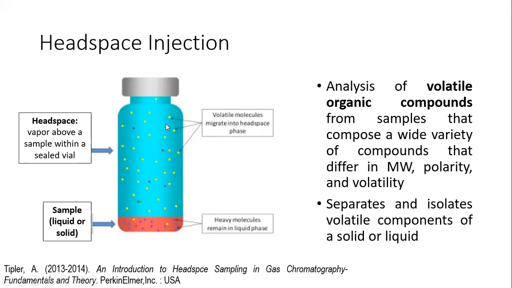There will be an equilibrium between your sample and the vapor phase. The syringe would puncture through the septum of your vial and would obtain the sample from the vapor phase, not really from the liquid phase. So what will be obtained is the vapor, which is what you want to analyze in your gas chromatograph.